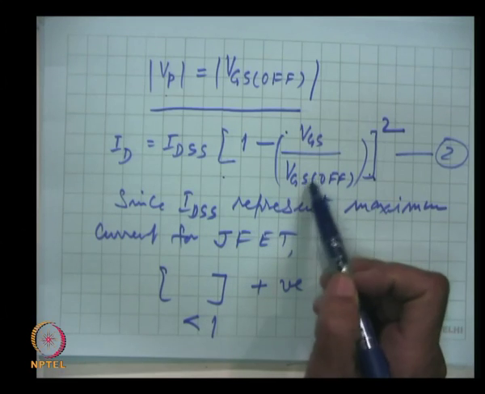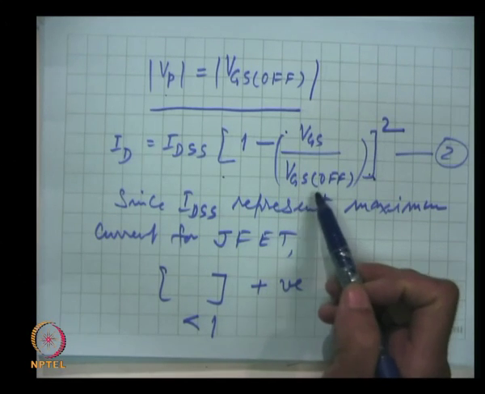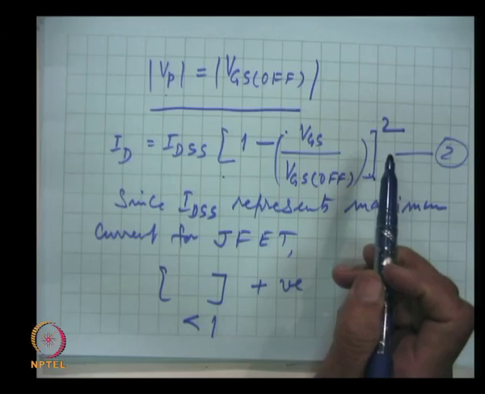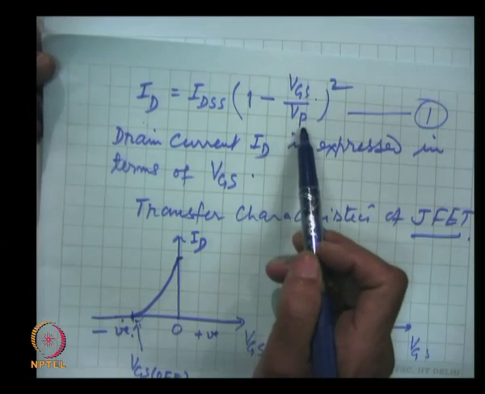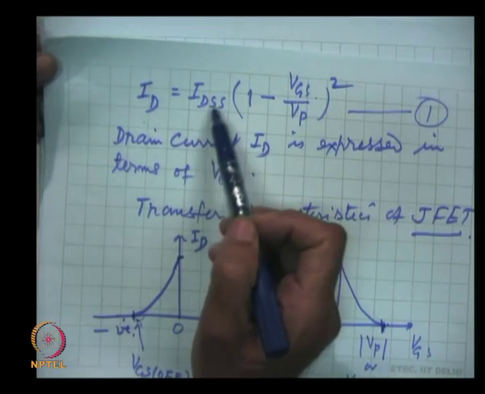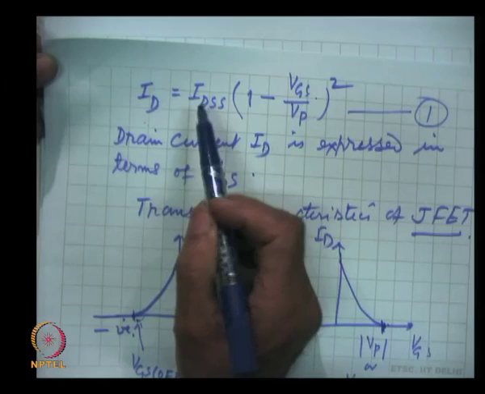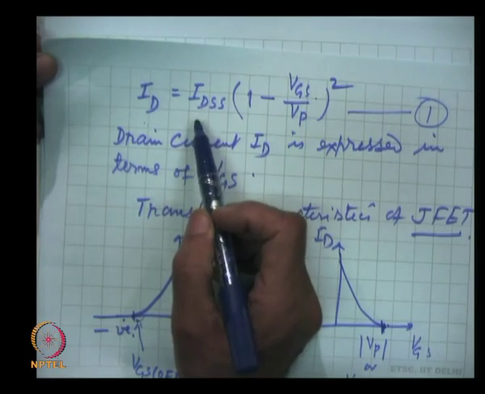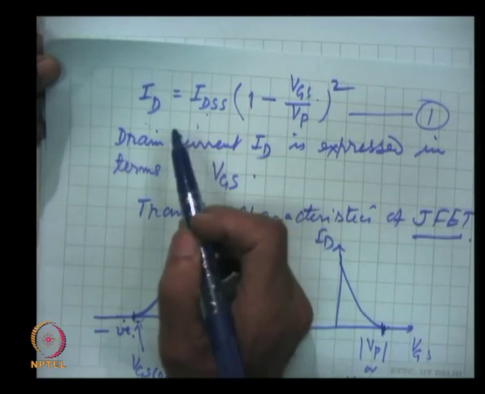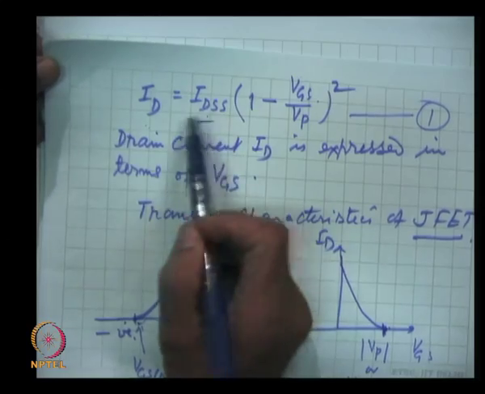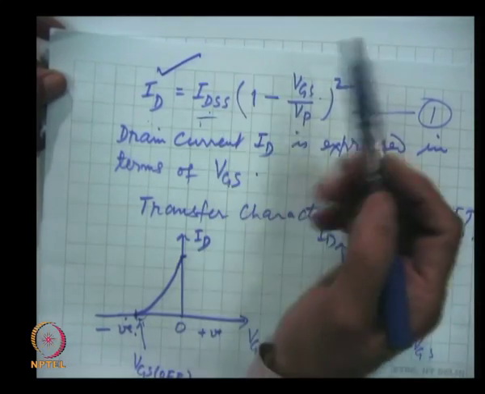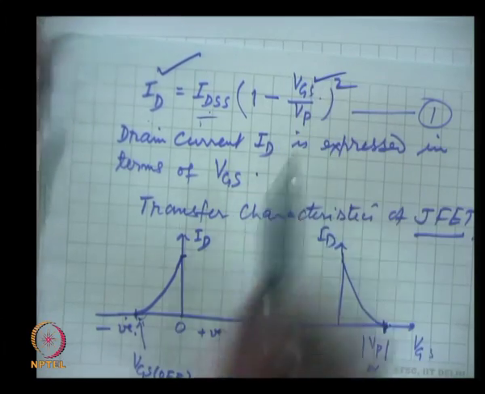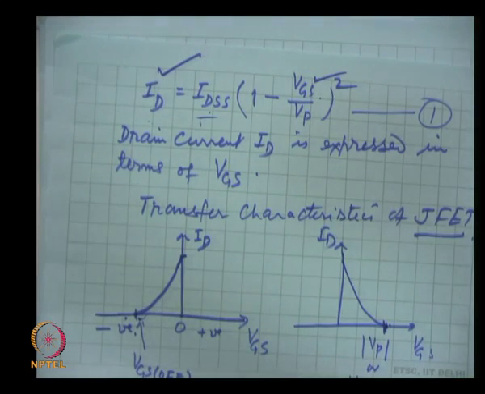We put the value of VGS off or Vp, substituting just numerical values of VGS and Vp, and if we know the drain current when gate is shorted with the source, that current is known, then we can find out the amount of drain current with any value of gate source voltage.